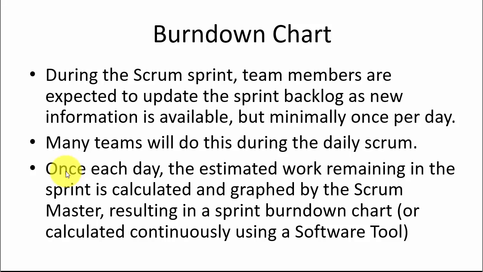Once each day, the estimated work remaining in the sprint is calculated and graphed by the Scrum Master, resulting in a sprint Burndown chart. Or, if you use a software tool, the Burndown chart is calculated automatically and continuously by the system.